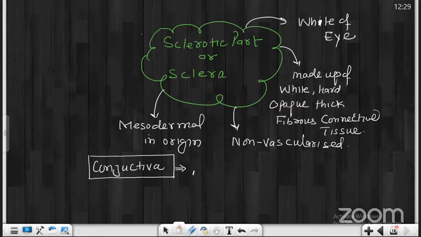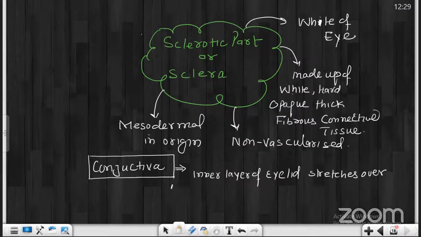What is this exactly? The inner layer of the eyelid. The eyelid's inner layer stretches over the anterior part of sclera, the front side of the eye, right? Conjunctiva, thinnest epidermis. कैसा है ये?